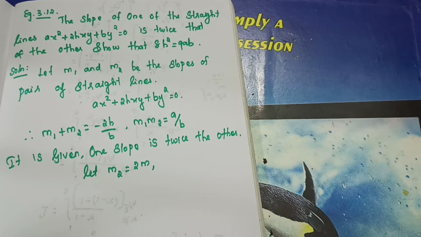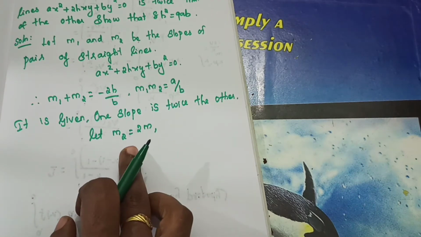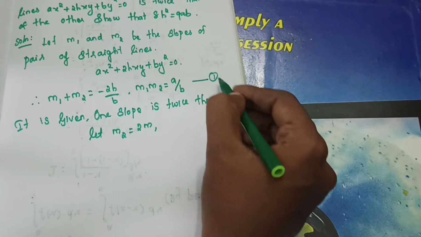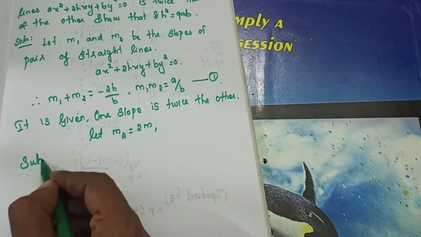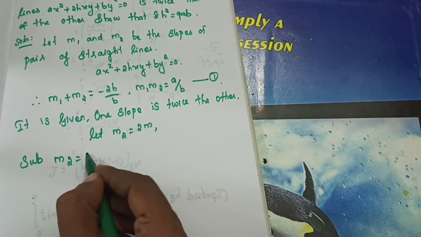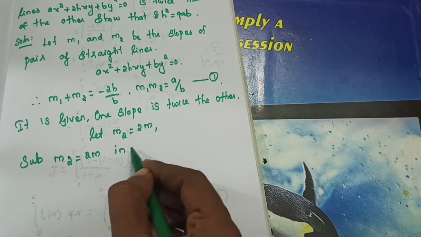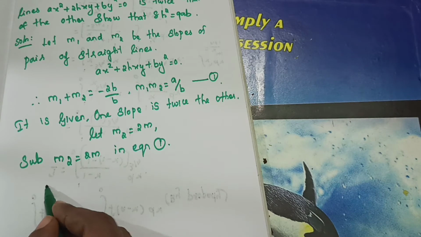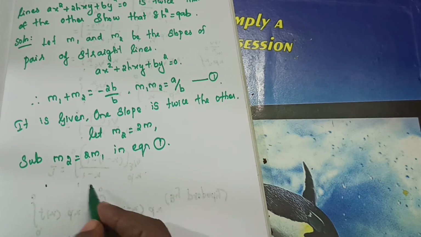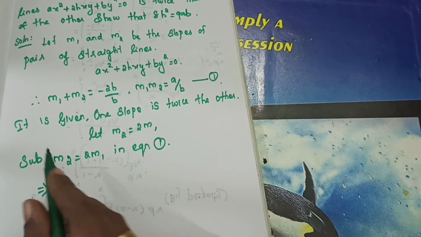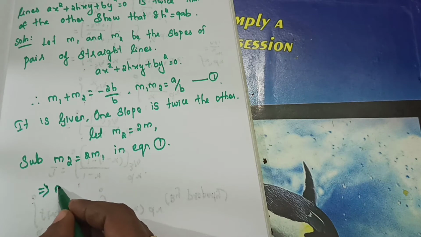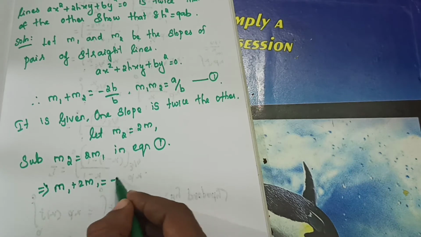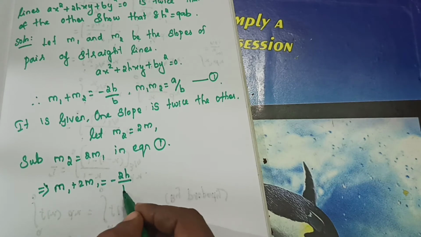Now you can substitute this value in these equations. Let us consider these two equations as one. So substitute m2 equal to 2m1 in equation 1. In the place of m2, substitute 2m1. So the first equation becomes m1 plus 2m1 is equal to minus 2h by b.